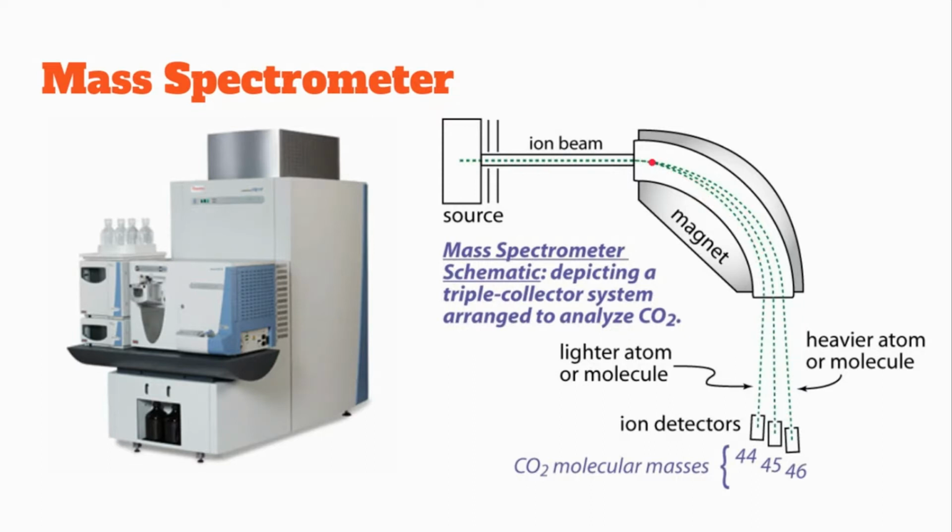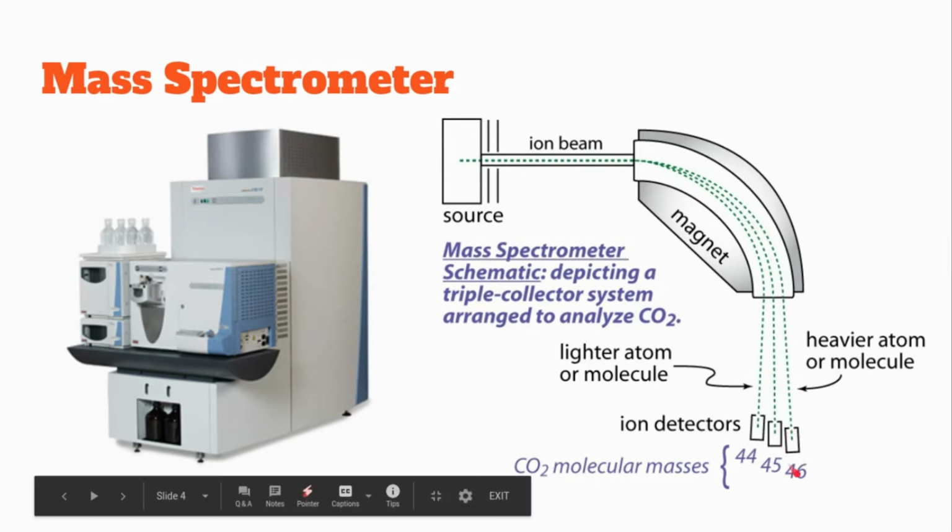And the heavier the atom, the less it's going to be deflected. So this heaviest atom here didn't get deflected much at all, but the lightest one got deflected the most. So these are the molar masses of the different isotopes contained in our source.